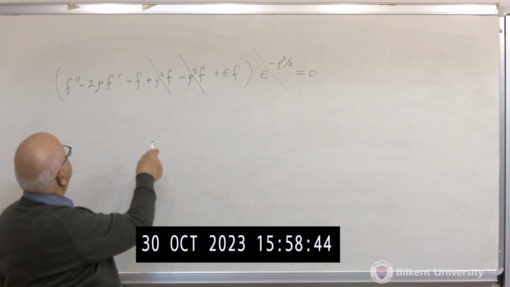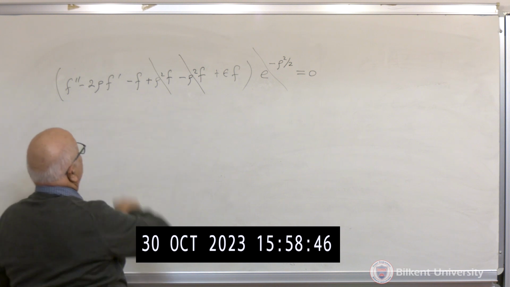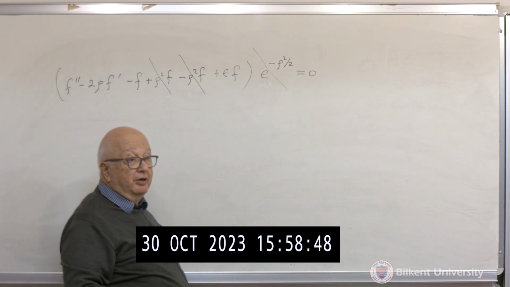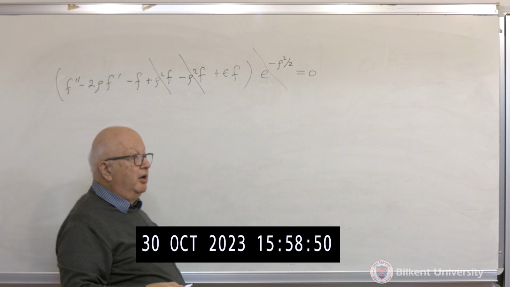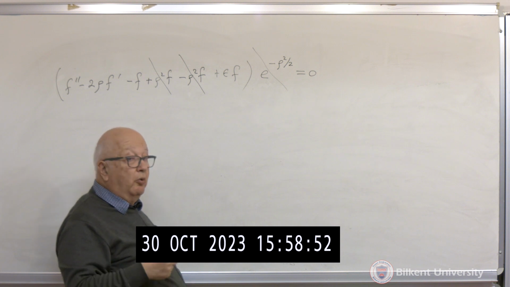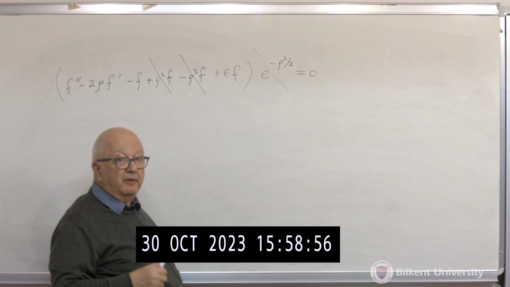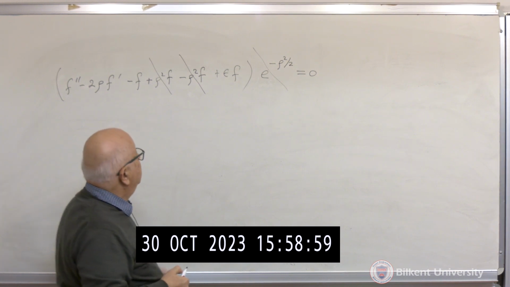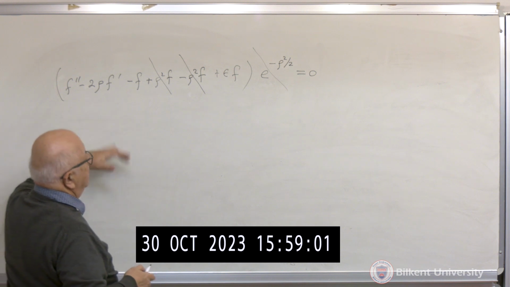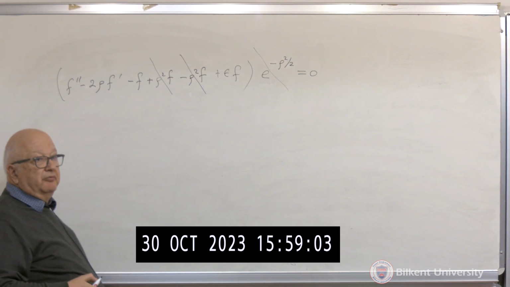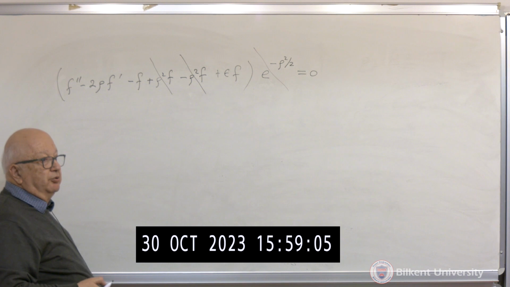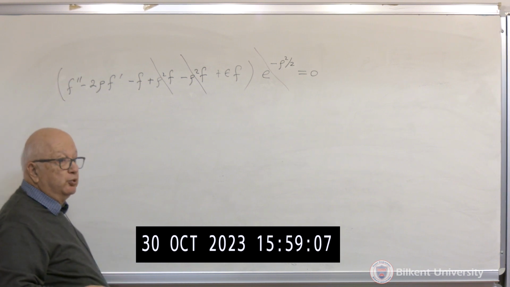So that's now our equation that we need to solve for f. The idea is that hopefully this is a simpler function which we can solve more easily, and the first thing to try is a power series solution.